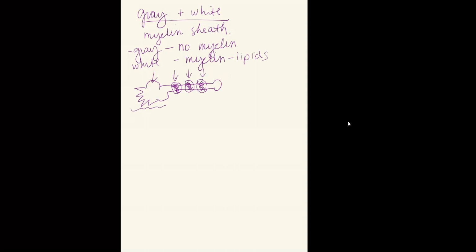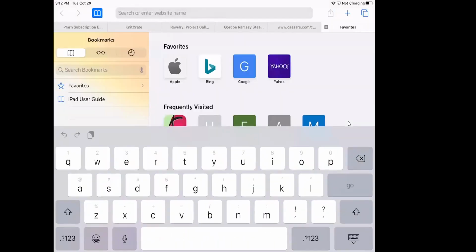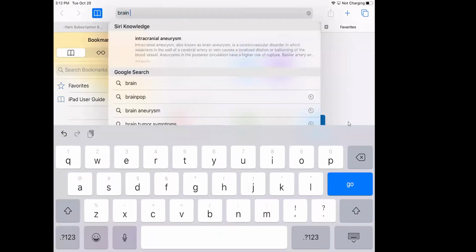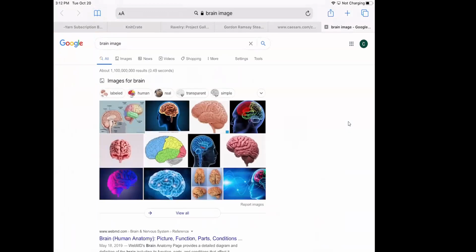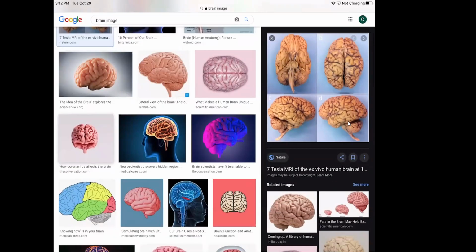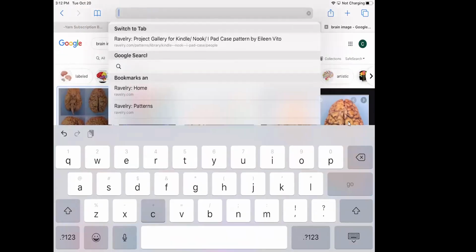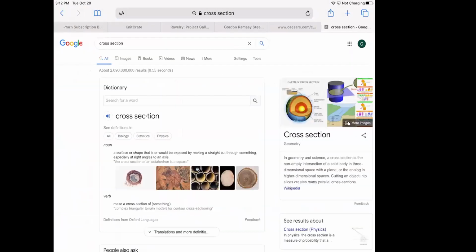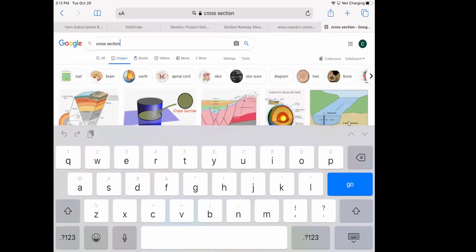So let me see if I can find a picture. Let me find a picture of a brain. I'm trying to see one that's a cross section. Brain, cross section, image. Oh, really? I didn't put brain in.